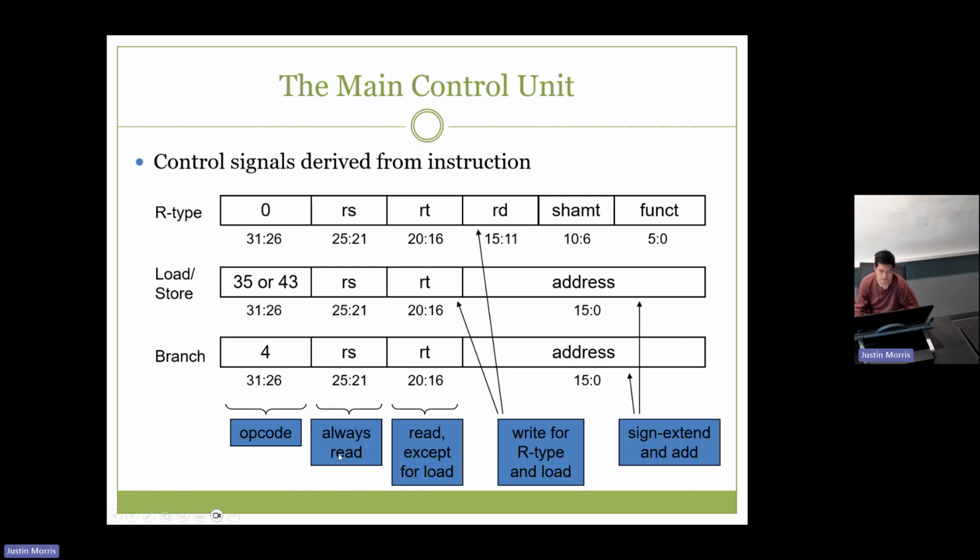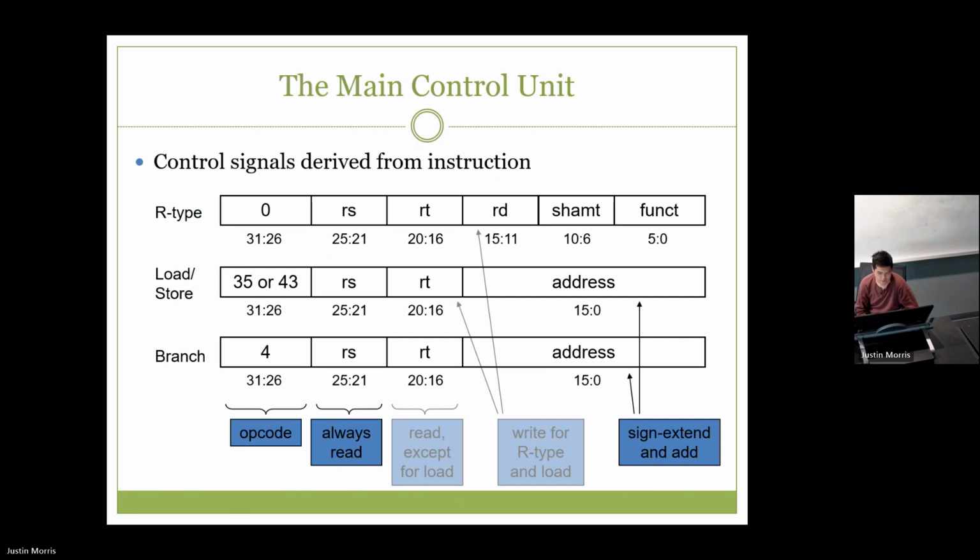RS is always read for R types and I types. It's not in there for J types, but our datapath currently does not support J types. RT is read except for a load word, because it's the destination. For writing to the register file, it's going to be either RD or RT. And we always have the address or immediate field.